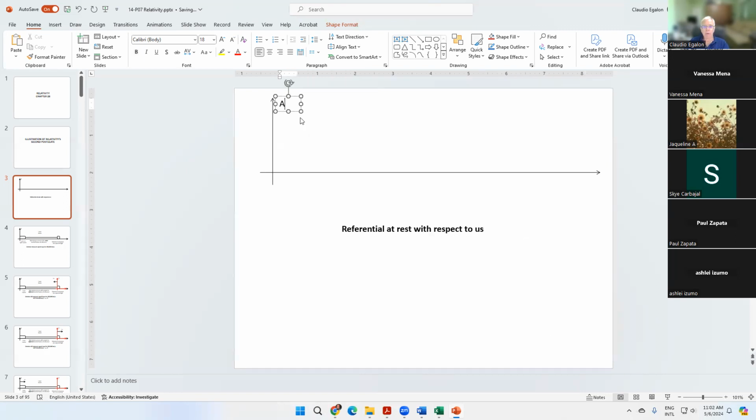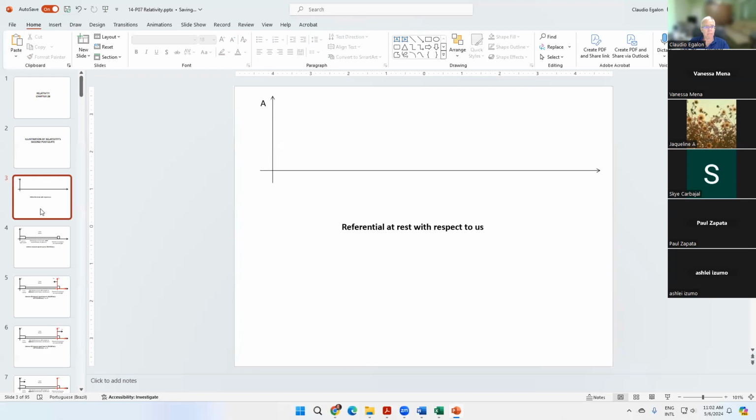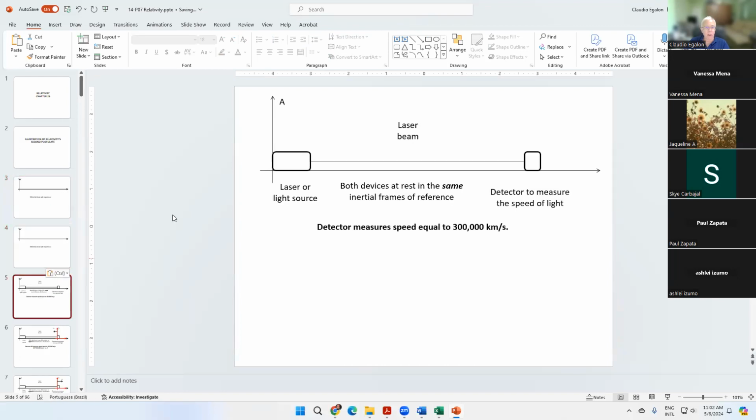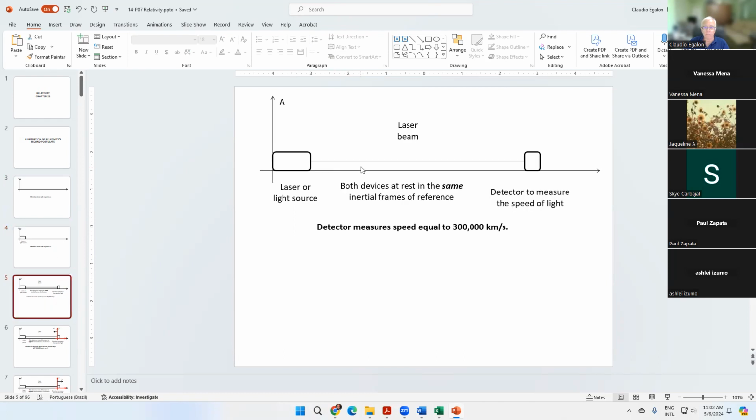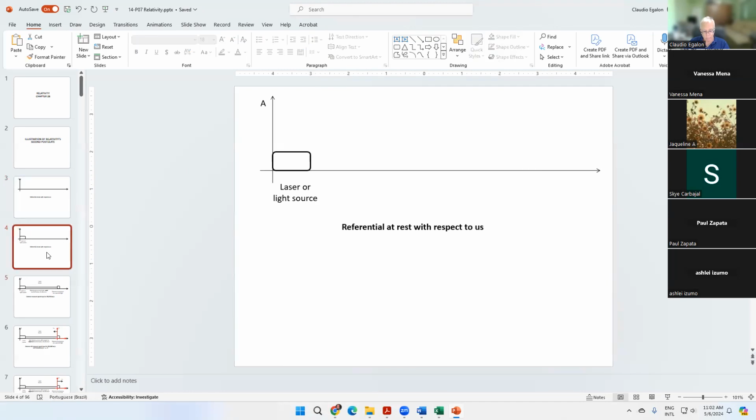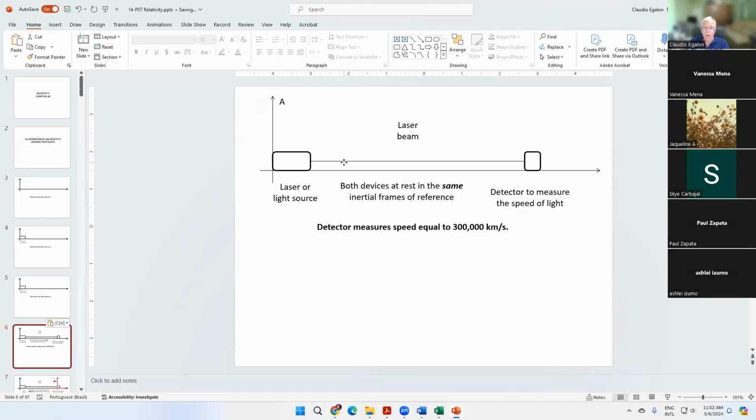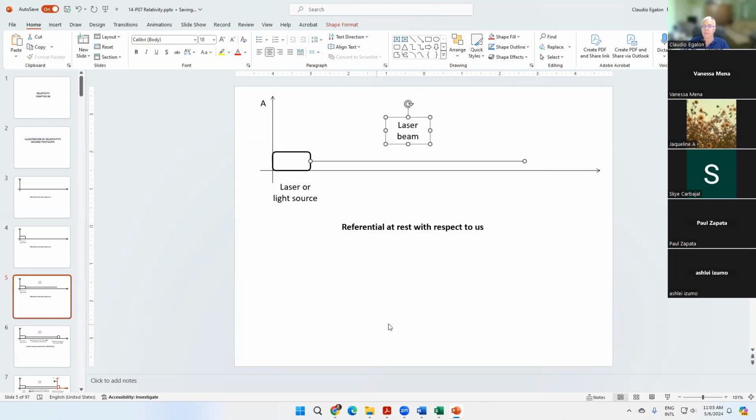I labeled it A. And now I'm going to put the laser source in this referential, laser or light source. I'm going to turn on my laser. Here's the laser beam.